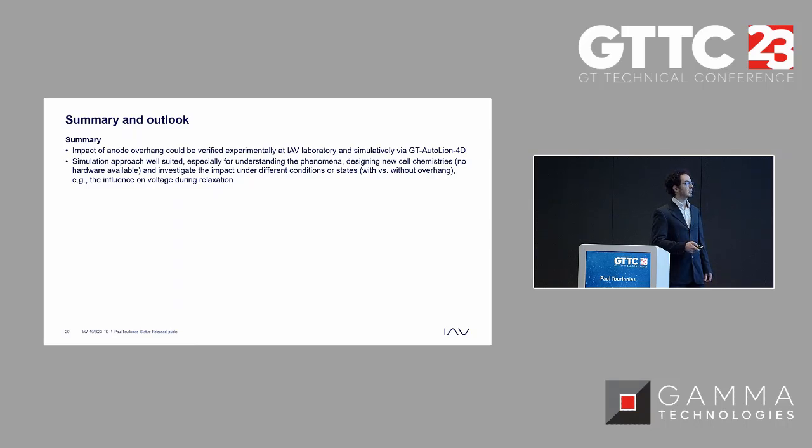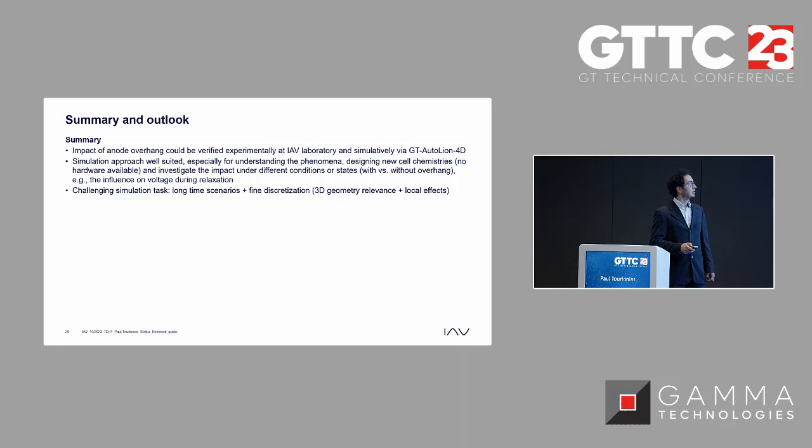If you do not have the possibility to manufacture your cells, then you can at least have a first idea with simulation tools. And you can investigate then the impact under different conditions or states and vary the geometry, for example, of the anode overhang region.